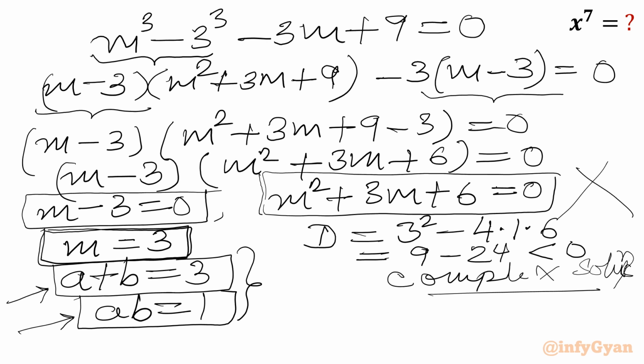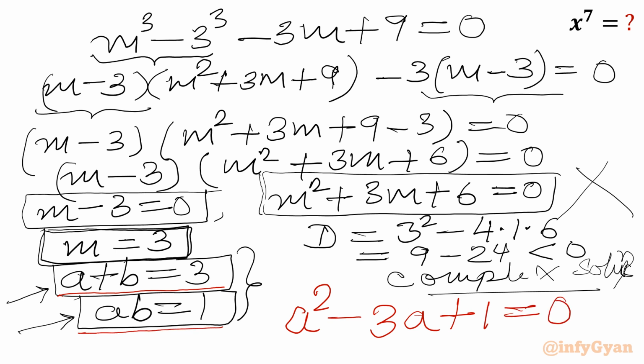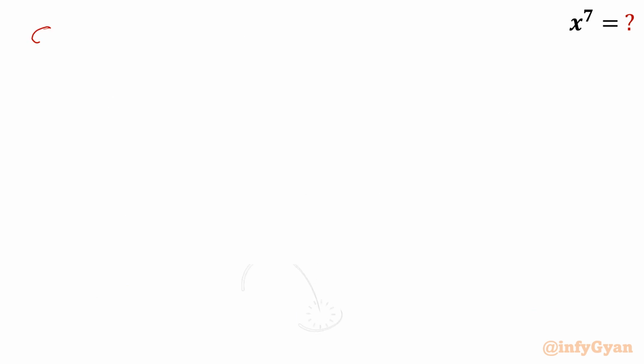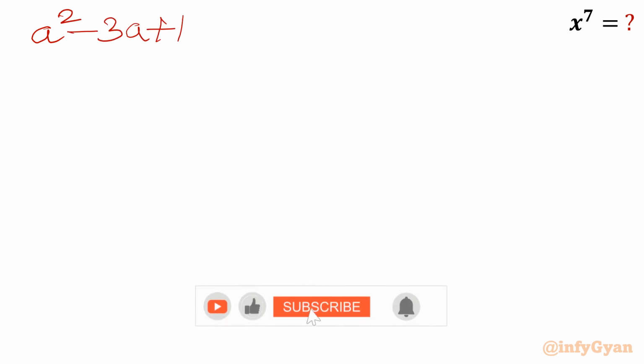We can frame one quadratic in a itself: a square minus the sum of roots, which is 3 times a, plus the product of roots, which is 1, equal to 0. So we have to solve this quadratic for our a value. So I will write a square minus 3a plus 1 equal to 0.